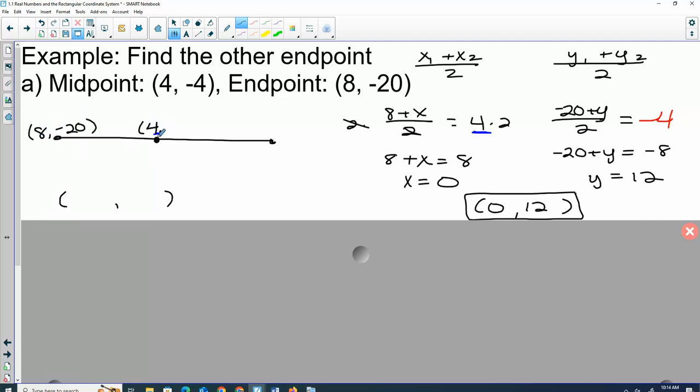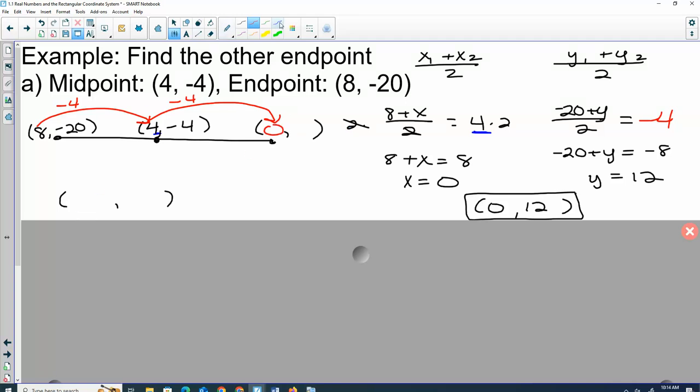The middle was 4, negative 4. And we don't know this point. How do you get from 8 to 4? What do you add or subtract? We subtracted 4, right? So to get to the other end, you have to do the same thing. So if I subtract 4 again, 4 minus 4 is 0.